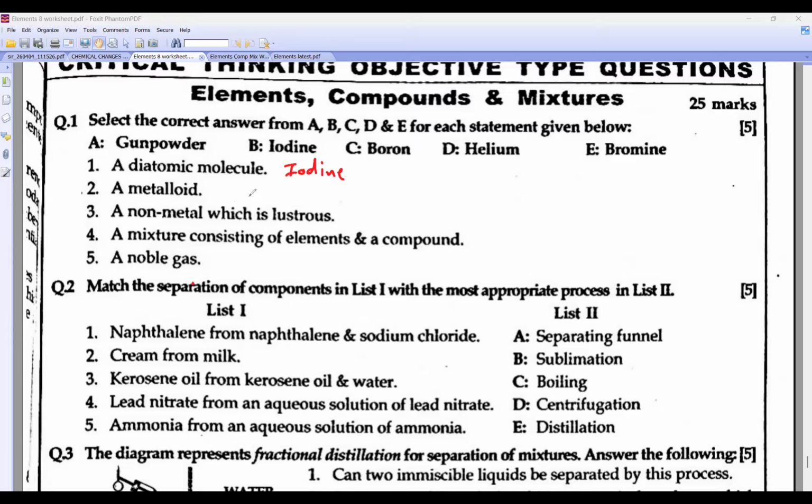Which is the metalloid? Boron. Non-metal, which is lustrous? Iodine. And the diatomic molecule was bromine. Mixture of an element and a compound: gunpowder. Gunpowder is a mixture.